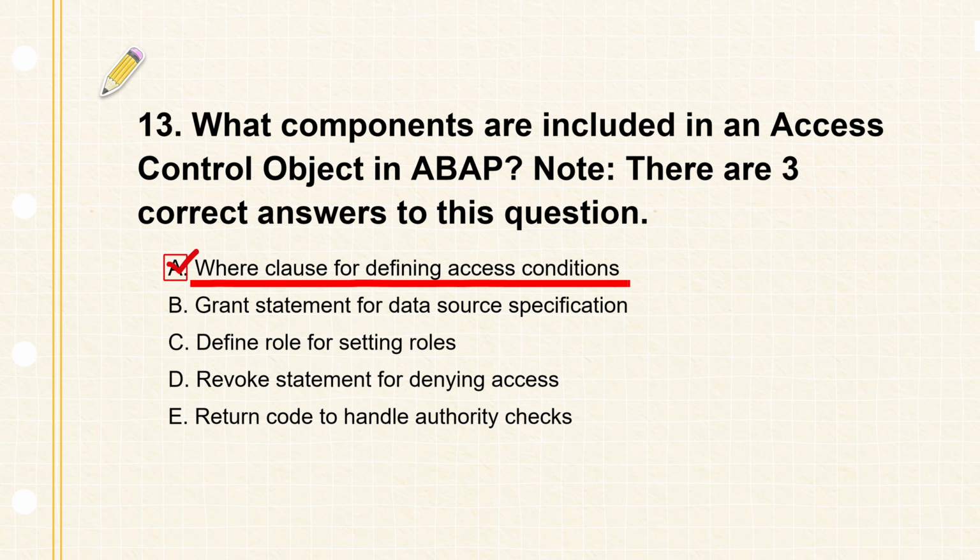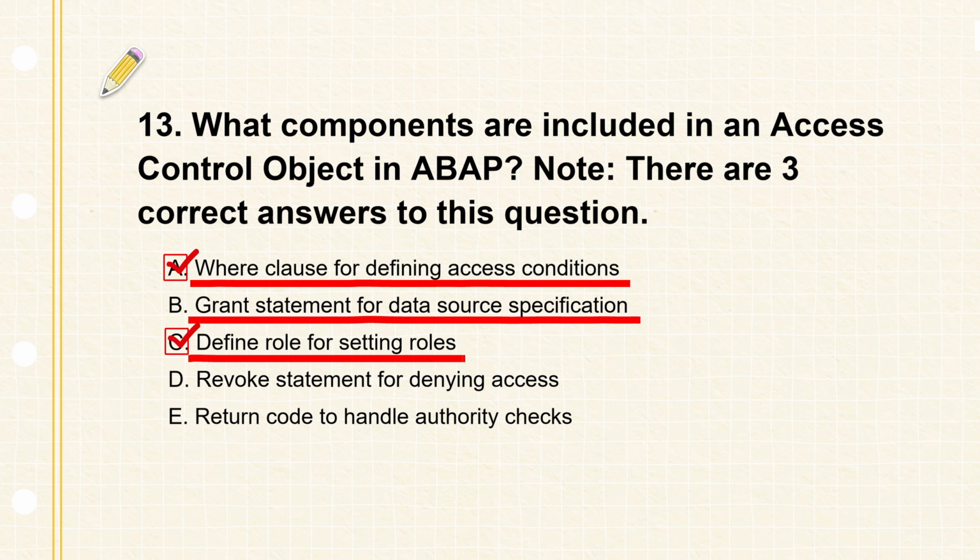Correct. The where clause is used to specify the conditions under which access is granted. Incorrect. The grant statement is not typically used within ABAP access control objects. This concept is more relevant in SQL. Correct.